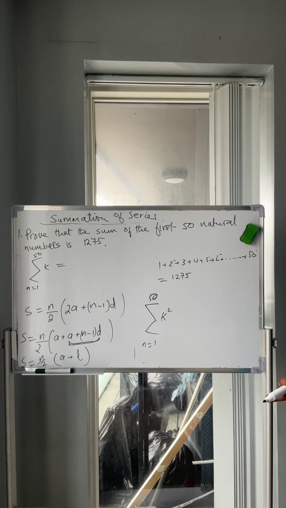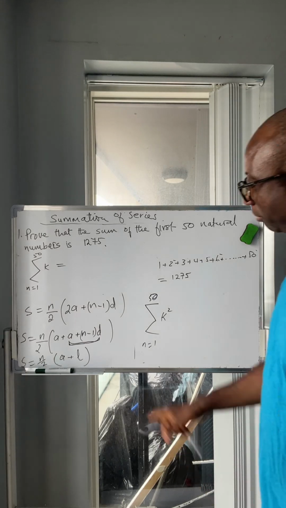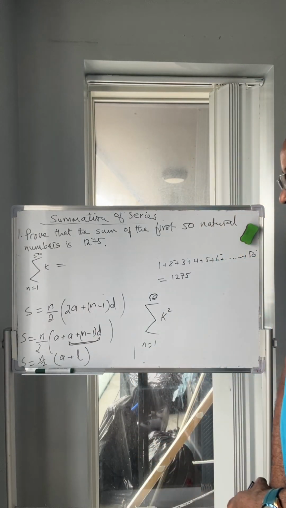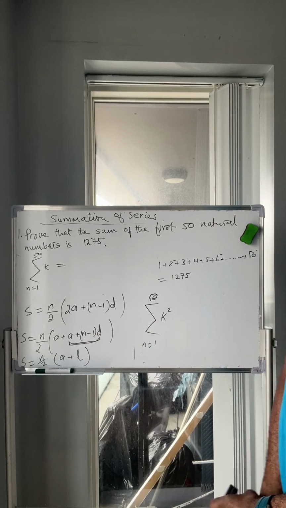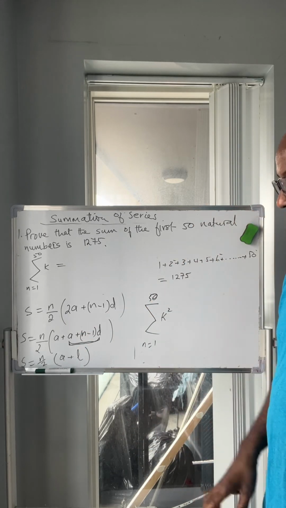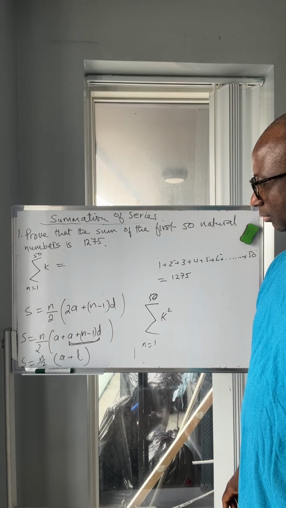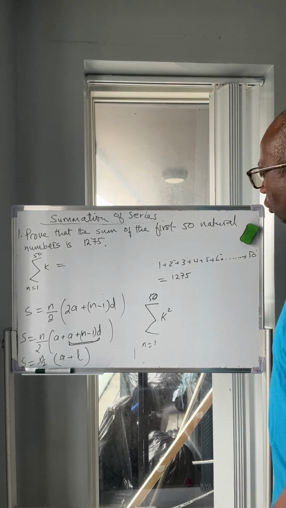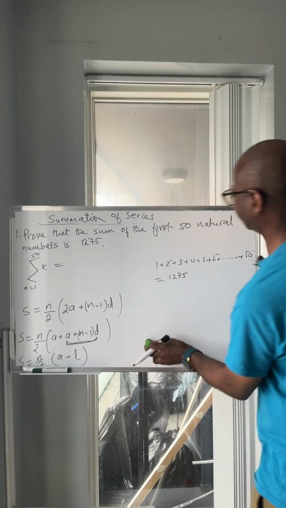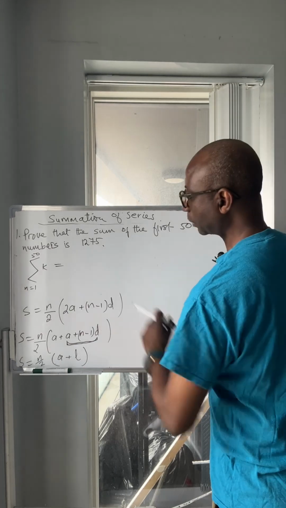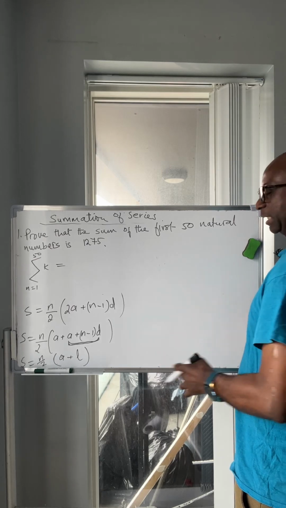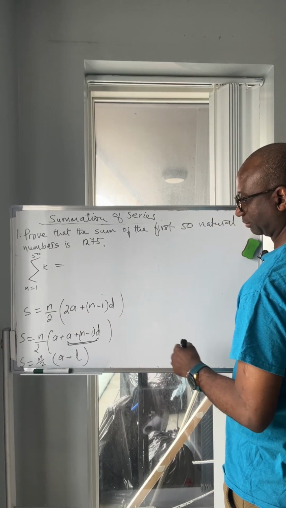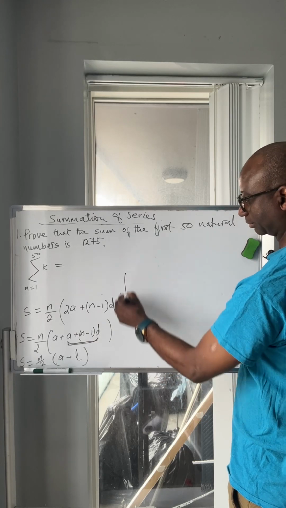So since we are looking at natural numbers, we come back to this formula, because here we are talking about numbers. Since we are talking about natural numbers, our first number is 1, 2, 3. So suppose this is 1. What would you get?